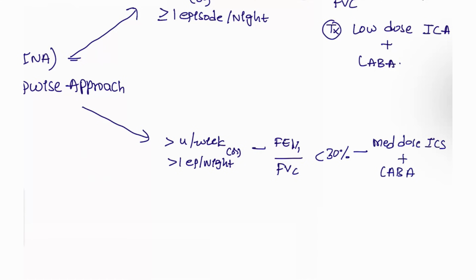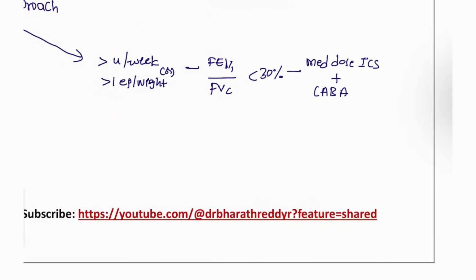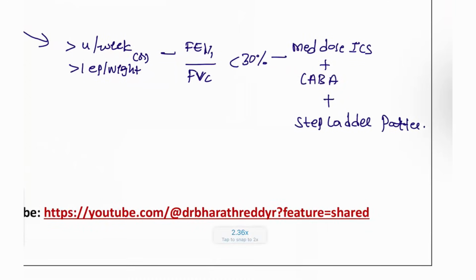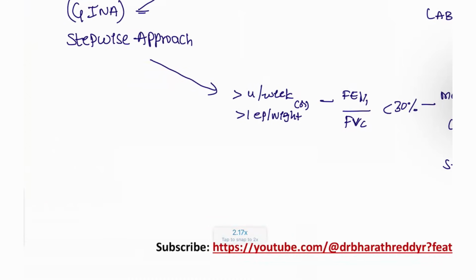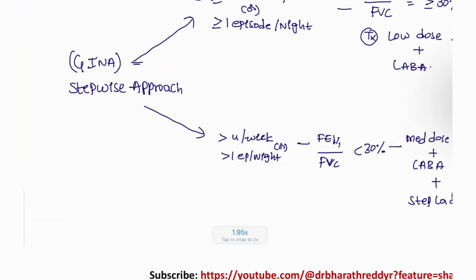And if it is still not improving, then we can go for the step approach, that is called the step ladder pattern. In the step ladder pattern, either you are going to add other drugs or double the dosage.